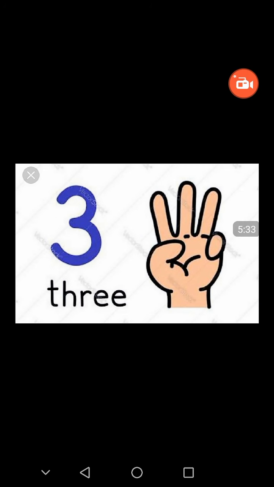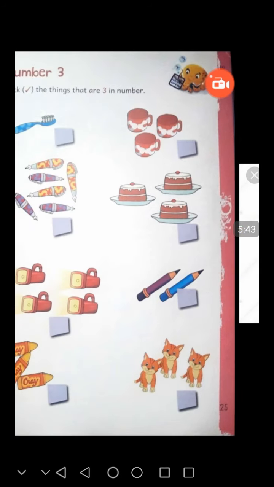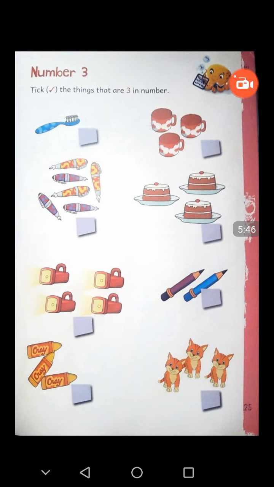Okay. Now students, you show the number 3 with your fingers like this. This is a 3. Three, 3. Okay. Now open page number 25 of your Icon Explorer book number 2.